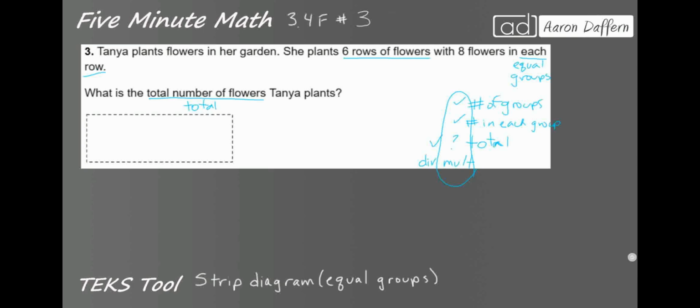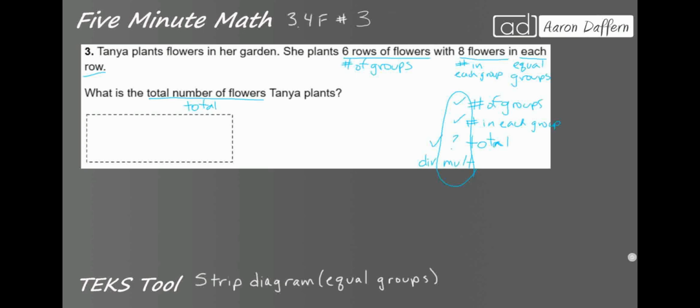Each story has some type of grouping system. In this case, our grouping system is going to be a row of flowers. So this is going to be our number of groups. Our 8 flowers in each row, remember, that's real close to the equal groups statement. 8 flowers, that's going to be the number in each group.